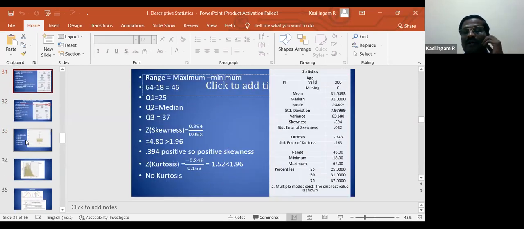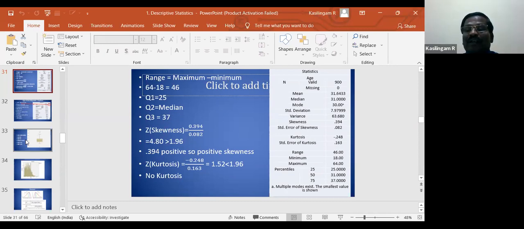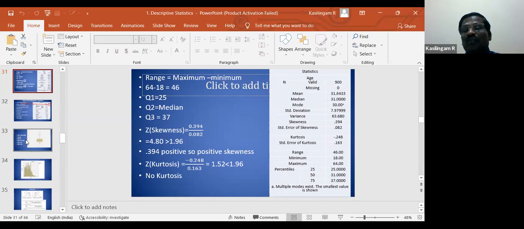Now look at the mean. Look at the minimum age. What is the minimum age? 18. What is the maximum age? 64. Median is 31. Mean is 31.64. Let us assume 32. Yes or no, madam?